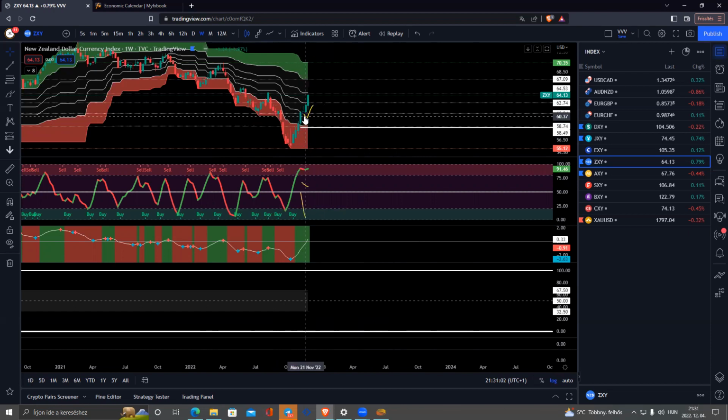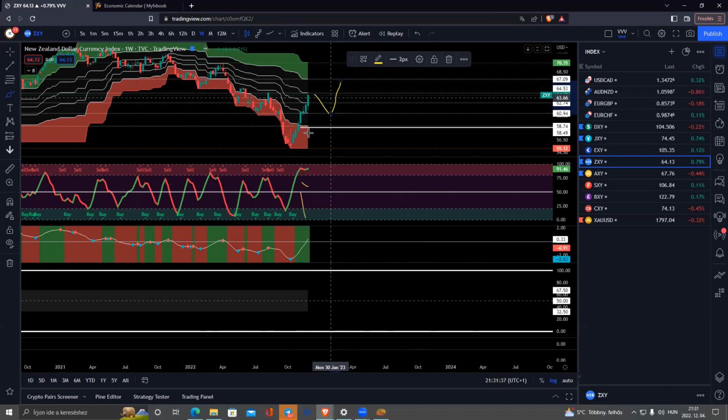We saw only a stronger ZXY, and maybe right now from the overbought zone, I would even say inverted head and shoulders, so back to 38 and then move up because this is way too strong. So the only correction which I want to see is back to 38 and then go up, right?